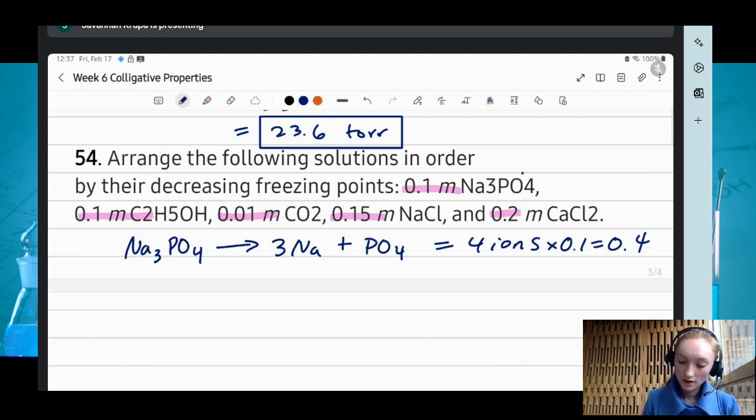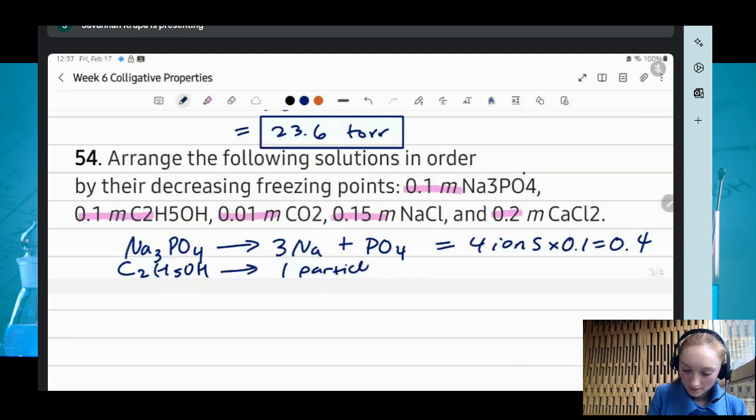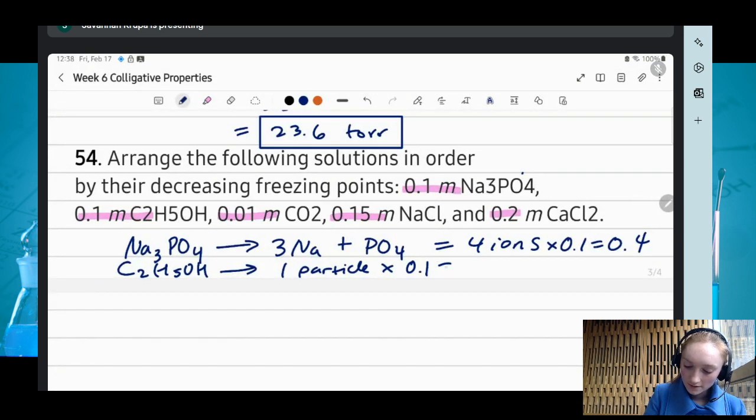So it'll do a pretty good job of decreasing its freezing point. Now let's move on to the next one, which is C2H5OH. This is not going to be in ions in the solution, so it'll just have 1 particle. 1 particle times its molality, which was 0.1, will give us just 0.1.